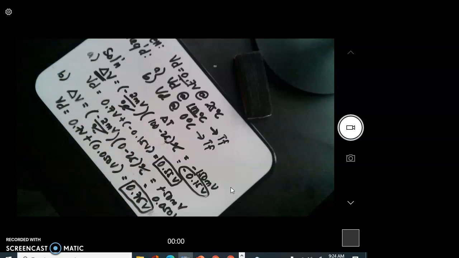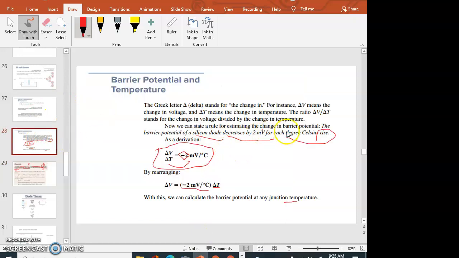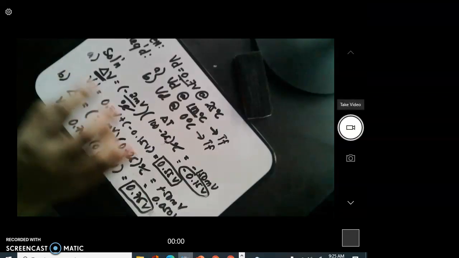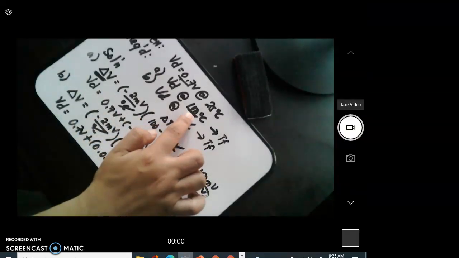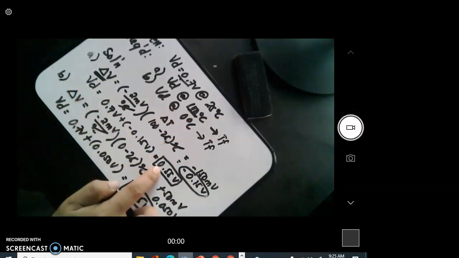So going back to the principle that was explained earlier, the barrier potential of a silicon diode decreases only if there is a rise or increase in temperature. So, for that reason, going back here, there is a rise of temperature, so, therefore, the barrier potential of the diode decreases.